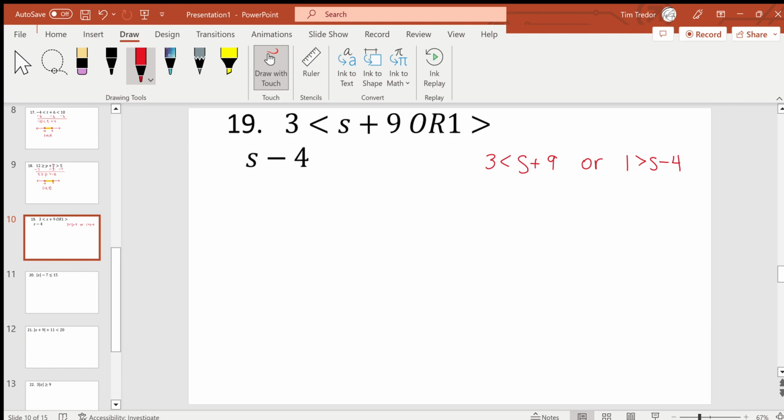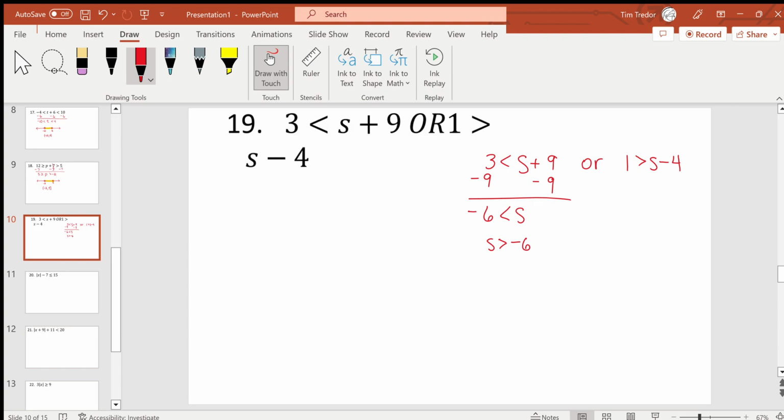So on the left, if I subtract 9 from both sides, I'm going to get -6 is less than s. For me, it's easier to interpret if I flip that around and say s is greater than -6. Not required, but it sometimes makes more sense.